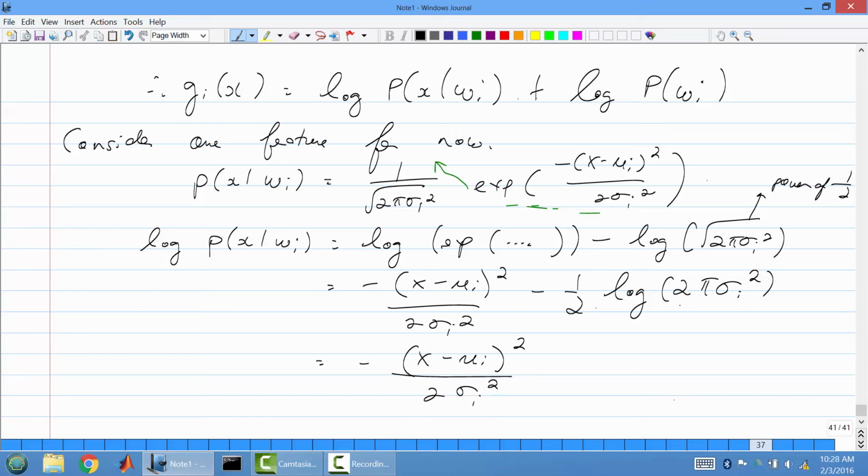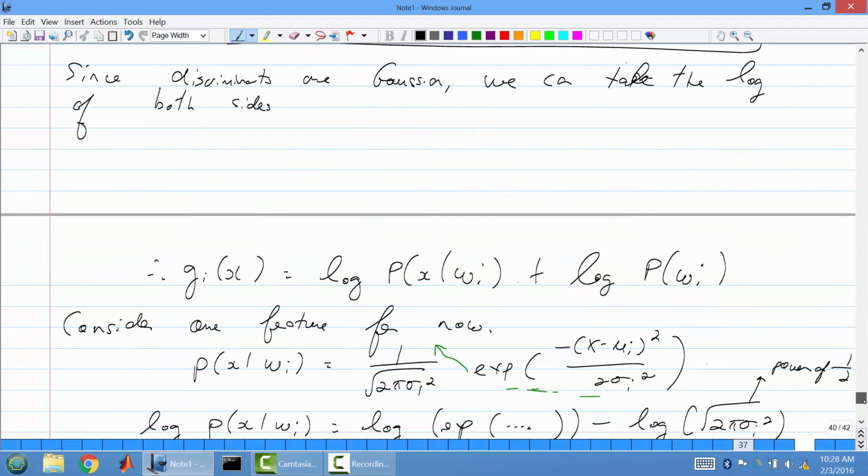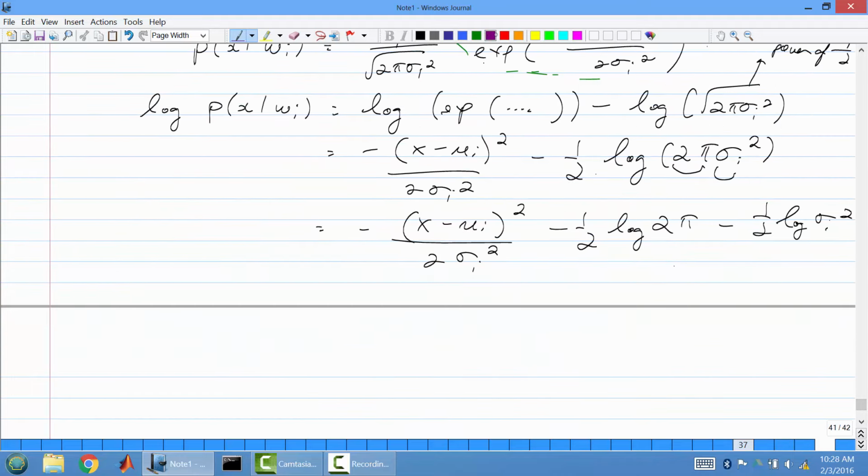I can split this up more because this is basically a product between two terms. So this becomes a half log 2 pi, minus the log of sigma squared. So this is what the log would be.